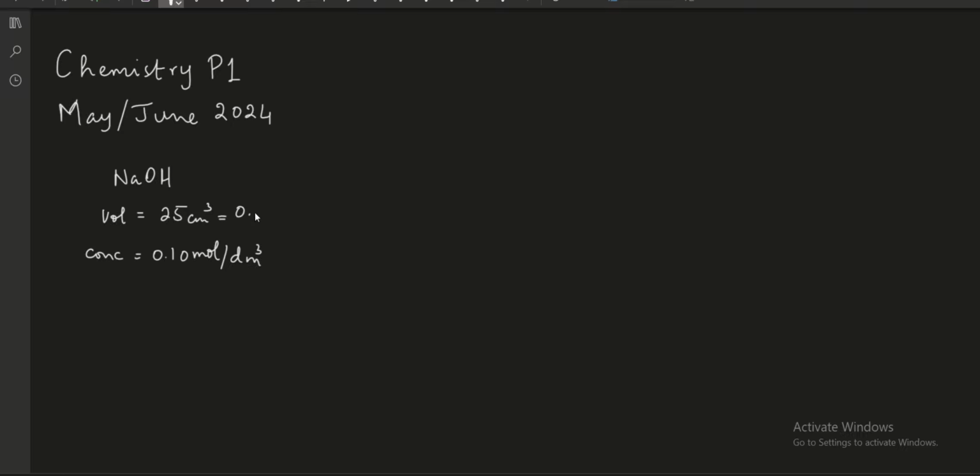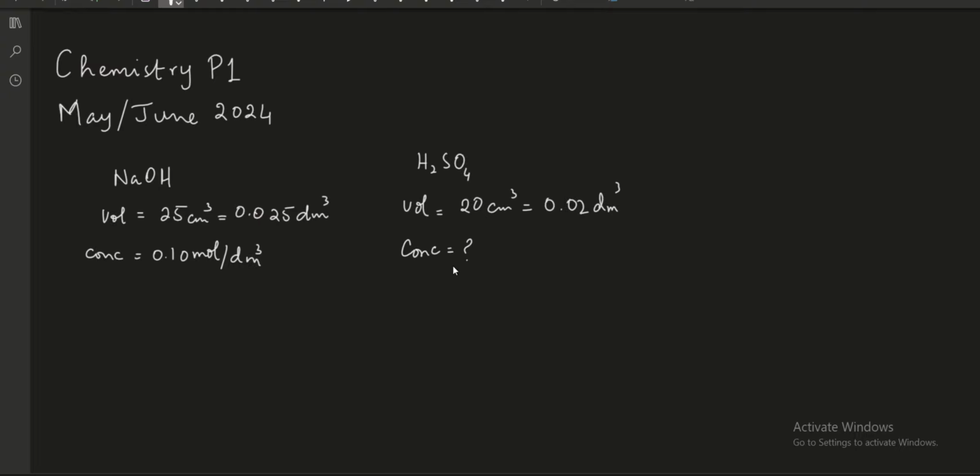It will be 0.025 decimeter cube. Then for sulfuric acid, H2SO4, the volume is given to be 20 cubic centimeter. Converted into decimeter cube, it will be 0.02 decimeter cube.